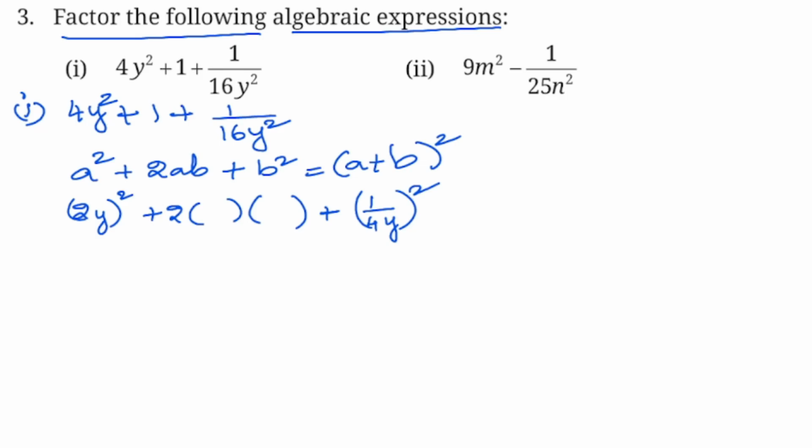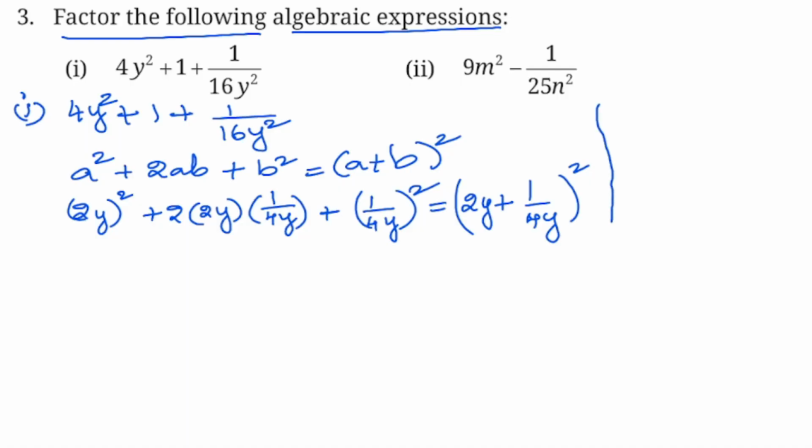Okay, so now we got a and b. 2ab, a is 2y and b is 1 by 4y. So here we got all the terms, and with this we can write a plus b whole square. A is 2y and b is 1 by 4y whole square. Okay, so we got the first bit.